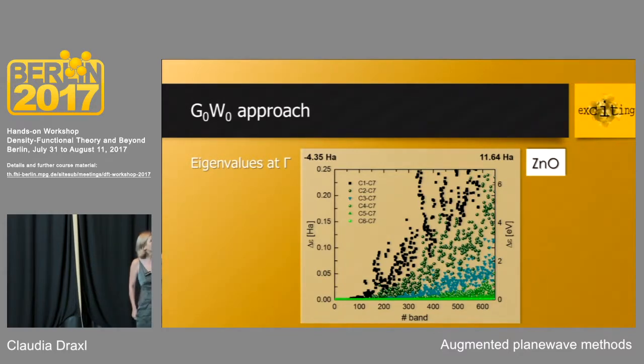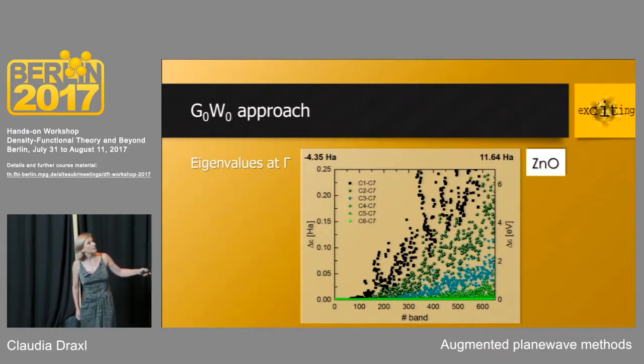If you're just interested in the region around 50 bands, or let's say 100 bands, it doesn't matter. You can take any basis set you like. But the higher you go in energy or in the number of bands, the discrepancy between the Kohn-Sham eigenvalues of these basis sets becomes more and more pronounced. It's in the order of a few electron volt.